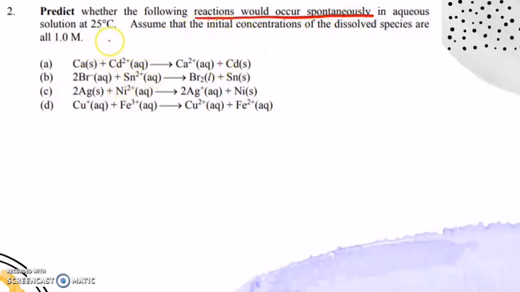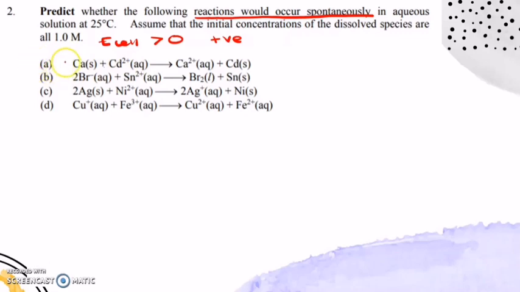We have to know that a reaction is said to be spontaneous when our E cell is more than 0, or it has a positive value. First, we have to identify from the overall equation which is the anode and which is the cathode.